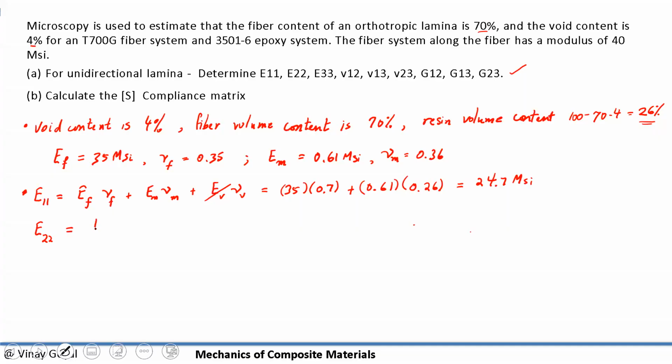And E22 will be EF, EM divided by the volume fraction of the matrix times EF, and so on. And we can do a calculation fairly quickly. And I'm doing it here real time.